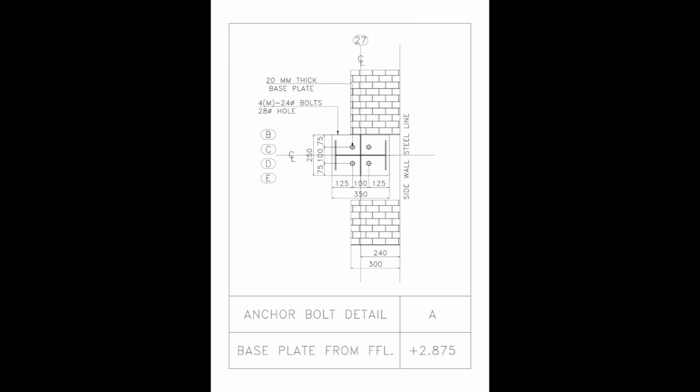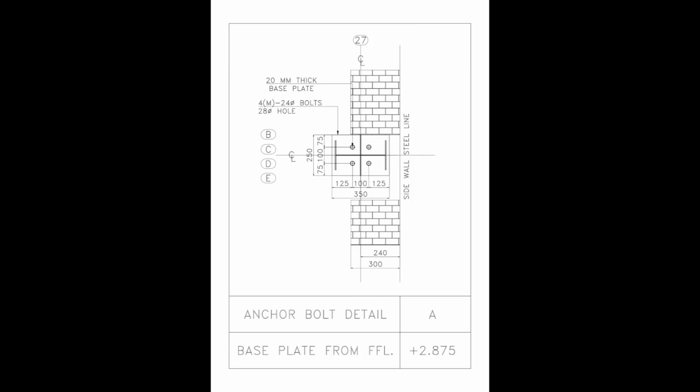This detail is mainly used for the sidewall column location shown by the corresponding detail A reference in the anchor bolt plan. The base plate size shown here is 350 mm by 250 mm. 4 M24 bolts are provided with 28 mm diameter holes.